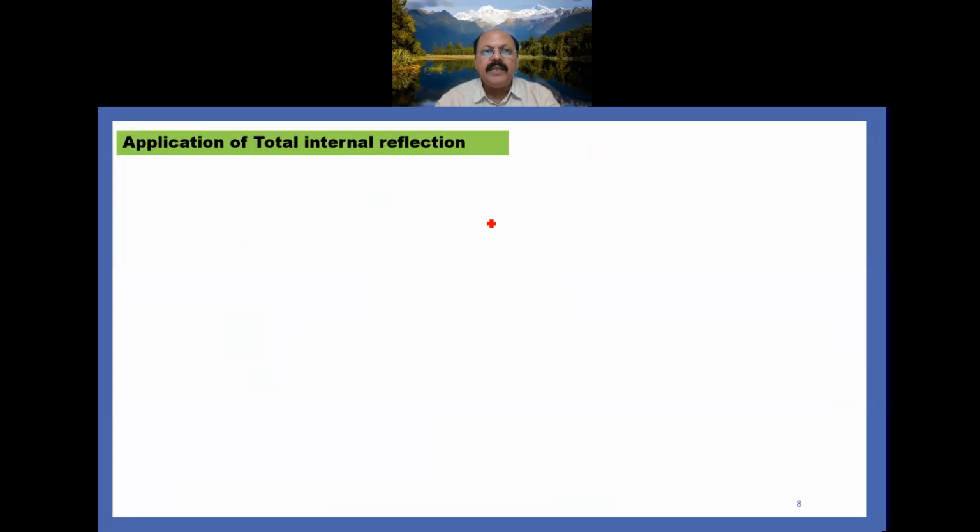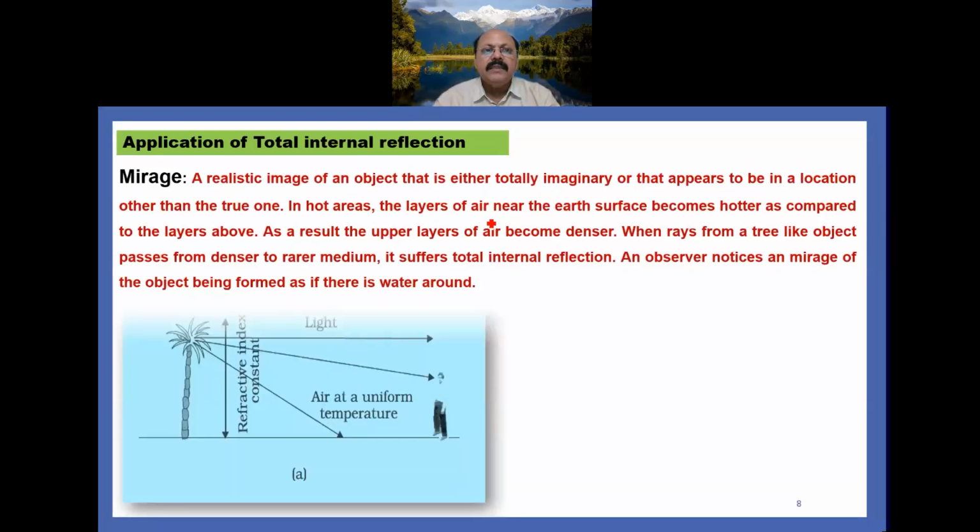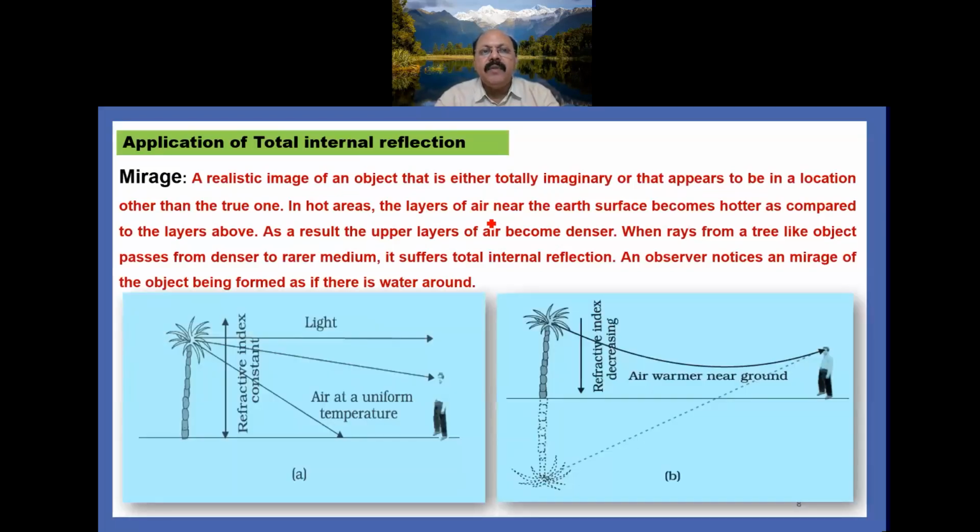Now some applications we have to discuss about total internal reflection, that is the mirage. A mirage is a realistic image of an object that is either totally imaginary or that appears to be in a location other than the true one. In hot areas, the layers of air near the earth's surface become hotter in comparison to the layers above the ground.